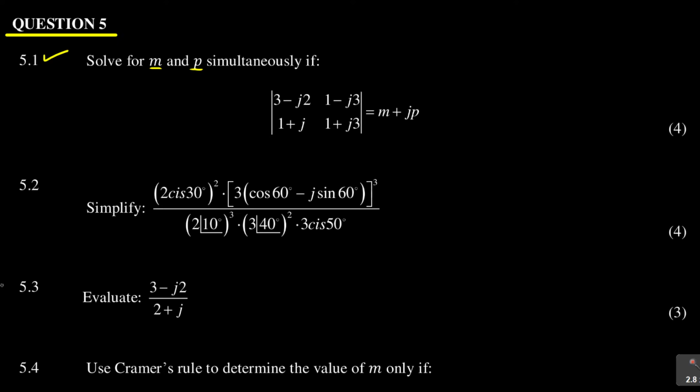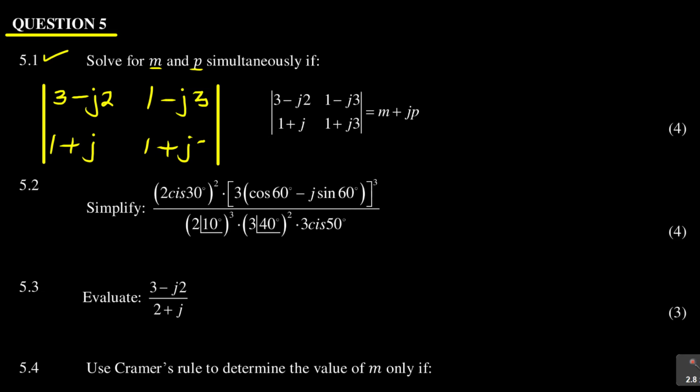What you are given is 3 minus j2, 1 plus j, and then 1 minus j3 and 1 plus j3.